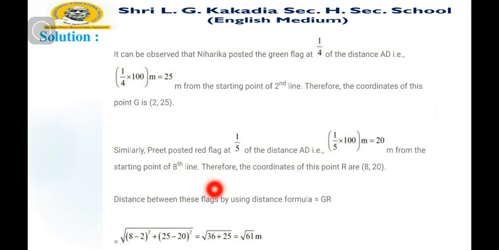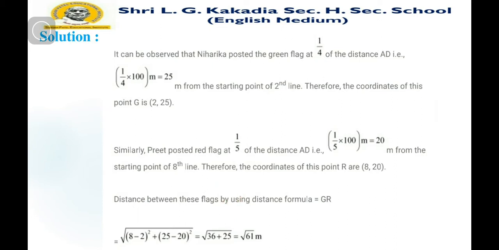Distance between these flags by using the distance formula: x2 minus x1, that is 8 minus 2, square, plus 25 minus 20, square, then it is equal to square root 61 meter.